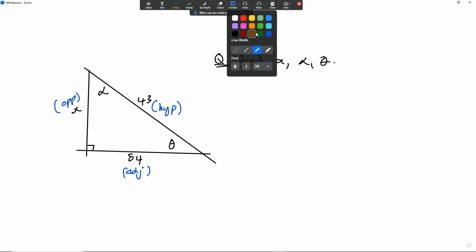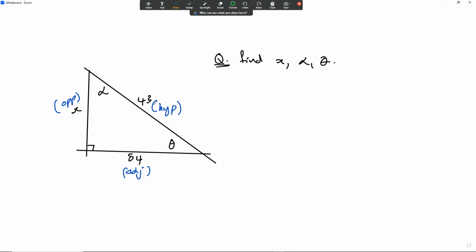All right, so from that, I can see the quickest way to find x would be Pythagoras theorem. So I know that x squared plus 54 squared is equal to 43 squared. And that's Pythagoras theorem, right?